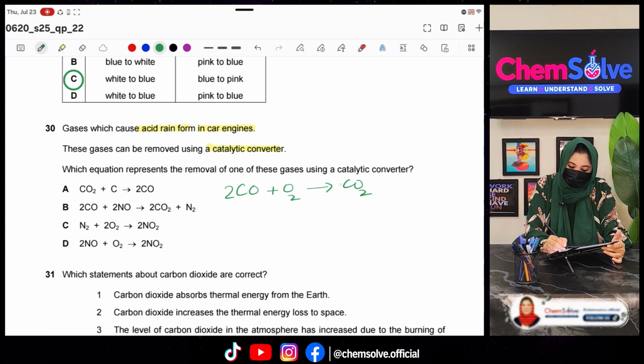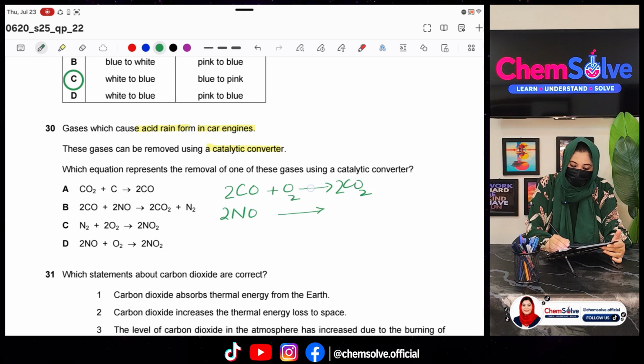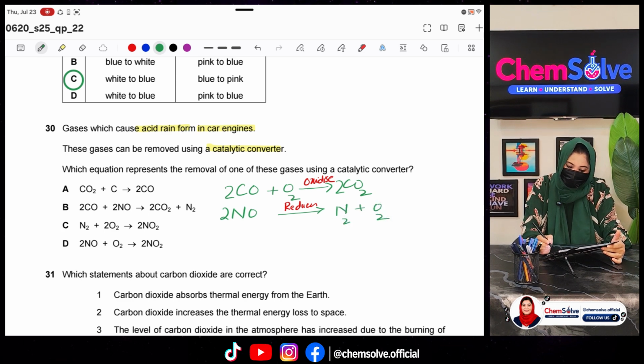Okay, and in another equation we have nitrogen monoxide, it loses oxygen and turns into N2 plus O2.